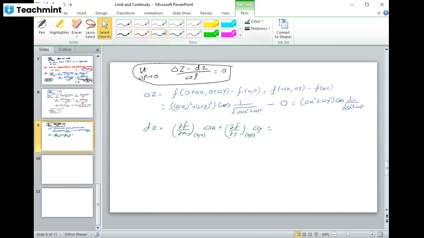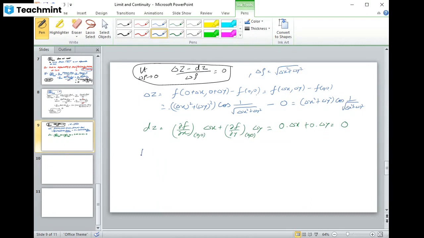So it is 0 into delta x plus 0 into delta y, so its value is 0. So dz is 0. And what is delta rho? Delta rho is square root of delta x square plus delta y square.